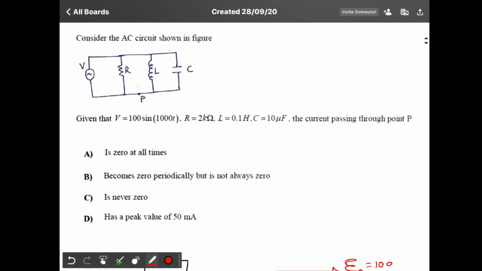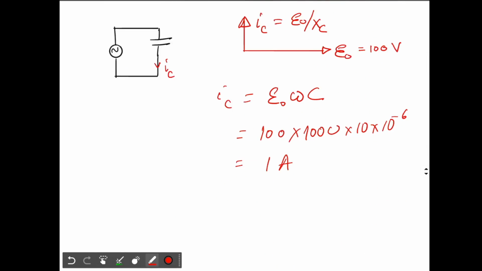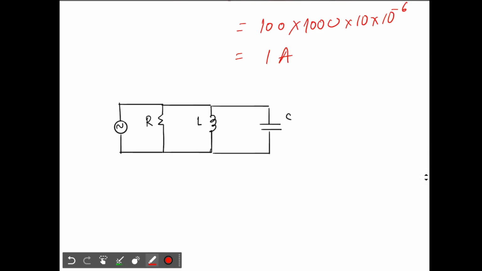Now let's look at the original circuit. Let's redraw the circuit. So this is my circuit. Here I have currents IR, IL and IC. I want to find the current through the point P. This is my point P, right? So the current through the point P will be, let's say, I1.